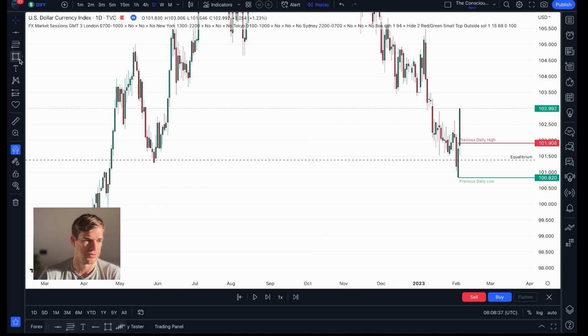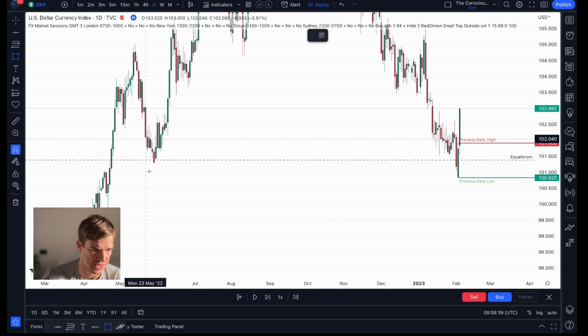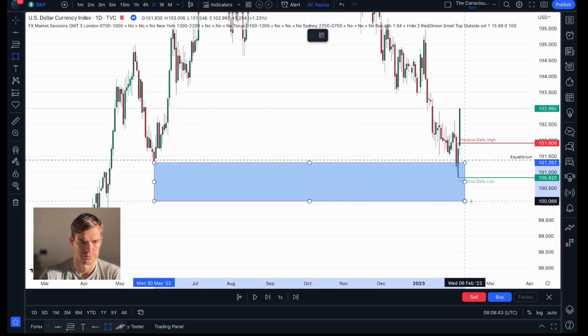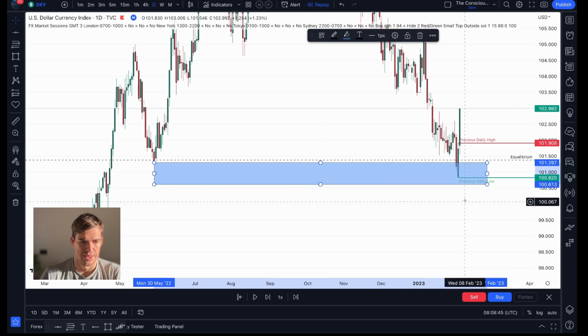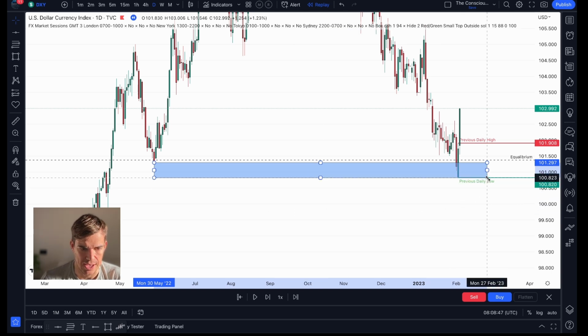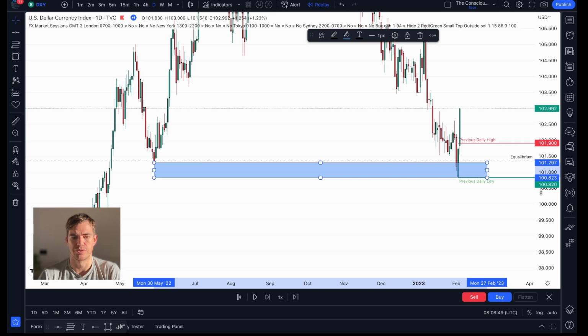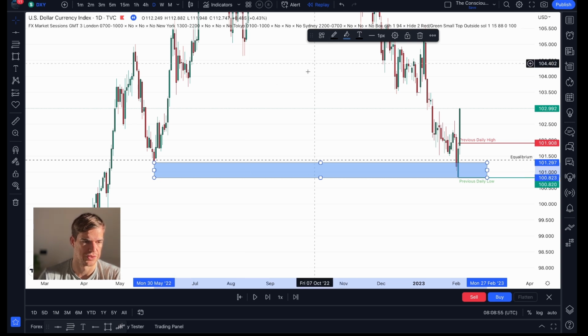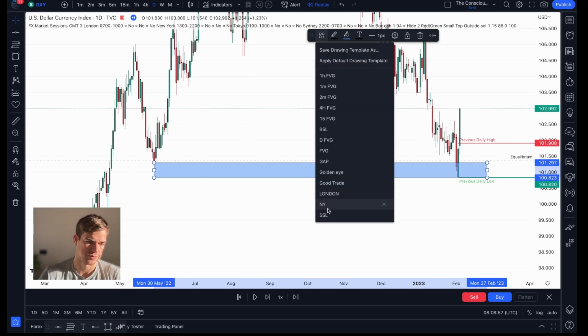Remember that the first thing that pops out is this sell side liquidity below this candle here. That sell side liquidity got taken out, creating the previous low around the 100.8 value. So that's one thing, the sell side liquidity.